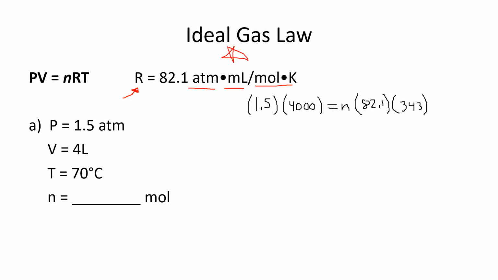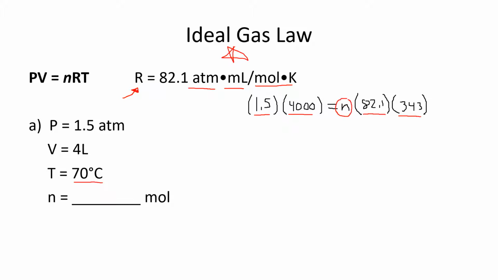Bam. So we got our atmosphere, 1.5. Our volume, 4 liters, is 4,000 mLs. Our R value, our constant, is 82.1, since we're in our desired units. And 70 degrees Celsius is 343 Kelvin. All you do is solve for n.